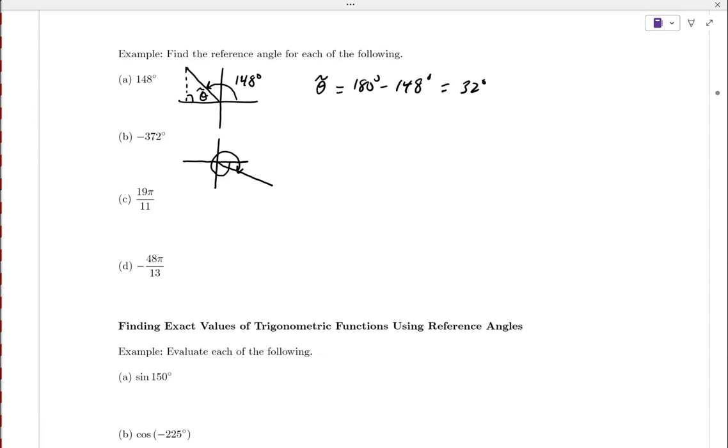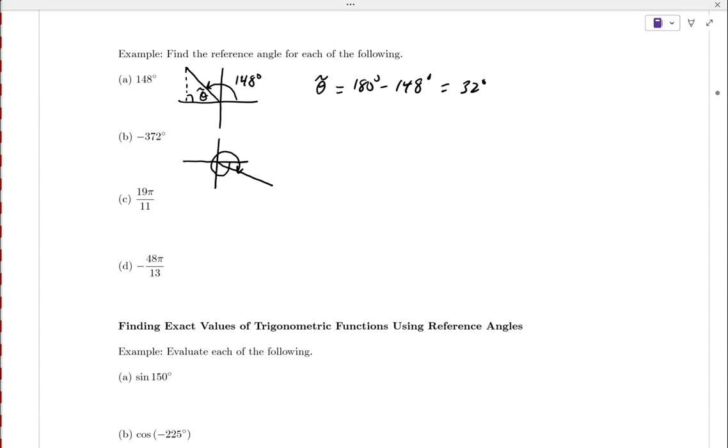We know all the way around is 360. So if I measured down, that would still be negative. It'd be negative 12, right? 372 minus 360 is 12.